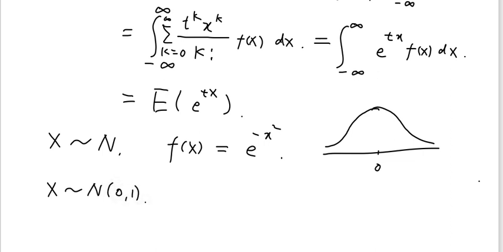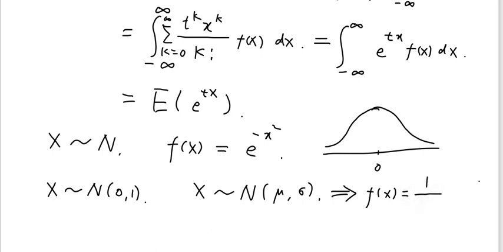Maybe we need the moment generating function for a general normal, so let's review that. If X follows a normal distribution, then the density function for X has coefficient 1 over square root of 2 pi sigma, then e^(-(x minus mu)^2 over 2 sigma^2).